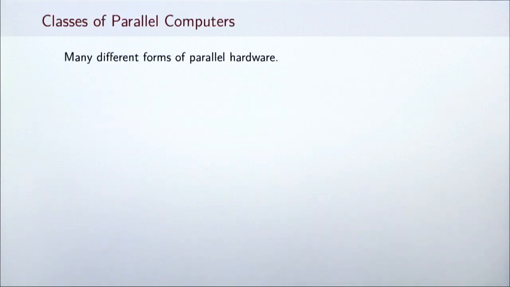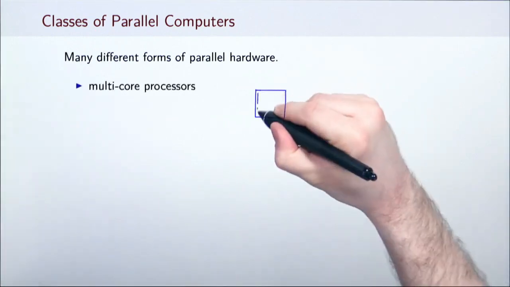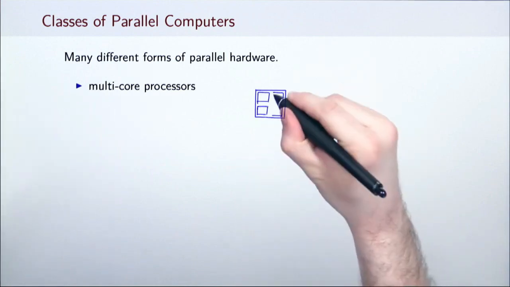The different forms of parallelism that we just saw manifest themselves on some concrete parallel hardware. It turns out that there are many classes of parallel computers out there, and we will take a look at some of them. A multi-core processor is a processor that contains multiple processing units called cores on the same chip.